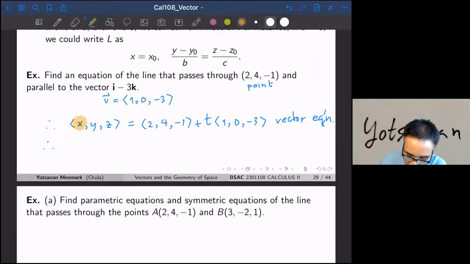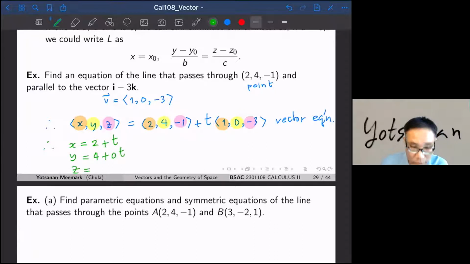So x equals 2 plus t, y equals 4 plus 0t, and z equals -1 minus 3t.